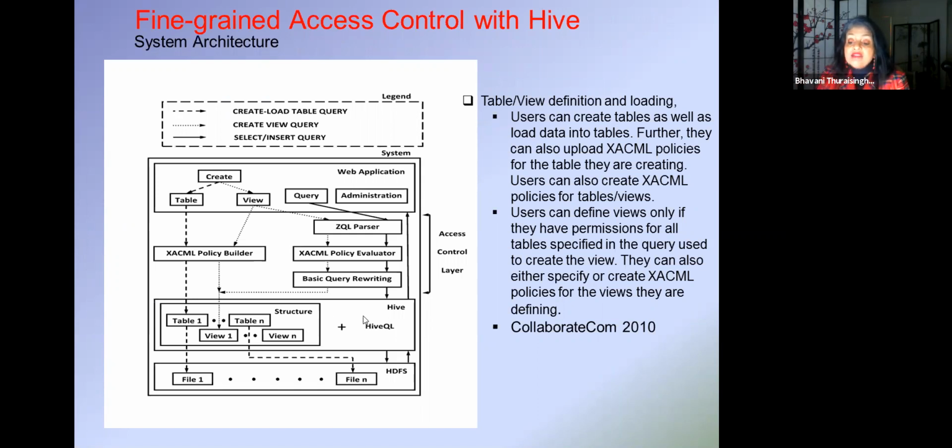But we didn't have a Hive equivalent. So we used the Hadoop Distributed File System, HDFS, and we had to also implement the XACML policy module. We didn't have Hive, and Hive was relational, remember.